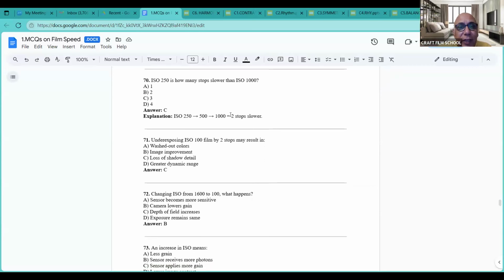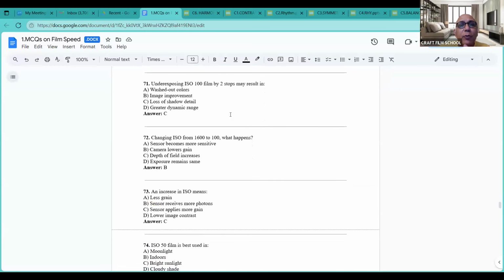ISO 250 is how many stops slower than 1000? Again, the same calculation: 250 to 500, 500 to 1000. So the correct answer is 2 stops slower. Underexposing ISO 100 film by 2 stops may result in washed-out colors?